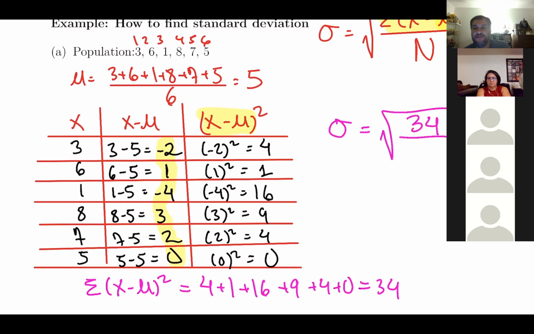Any question where the 34 comes from? All right. Which number should I put for capital N? There you go, 6. All right, so I'm going to go ahead and do this in the calculator.